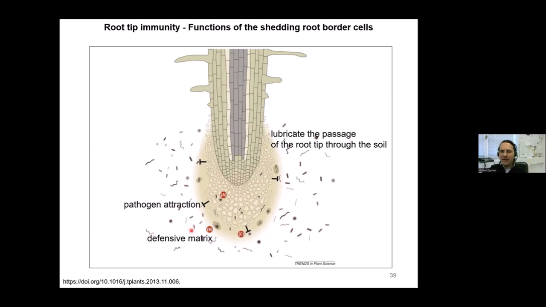There is a defense matrix built up, so they release all kinds of long chain sugars as well as extracellular DNA. Antimicrobial root exudates also occur here from them to kill just by direct compounds.